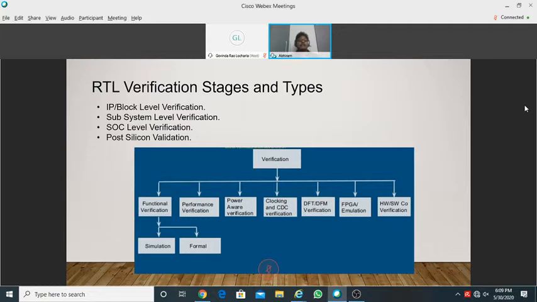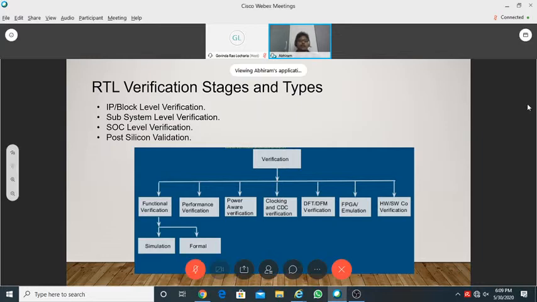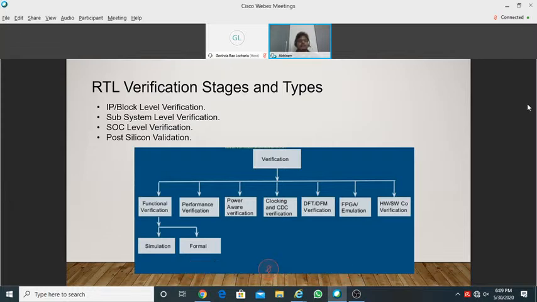Next is the performance verification. So now you are designing an SOC for which you want better bandwidth numbers or latency numbers or anything like that. So you have to do a performance verification. If you are saying my SOC supports 100 Gbps Ethernet, is your SOC really giving that output?